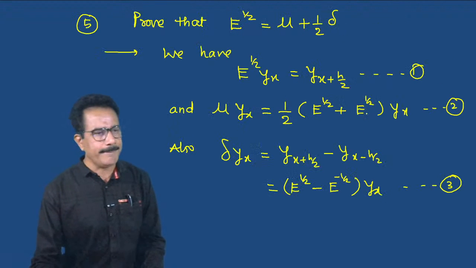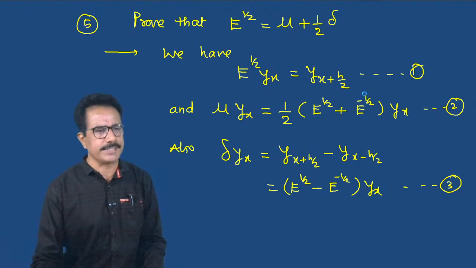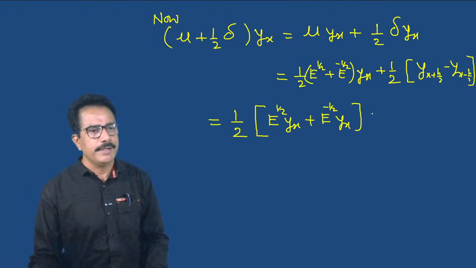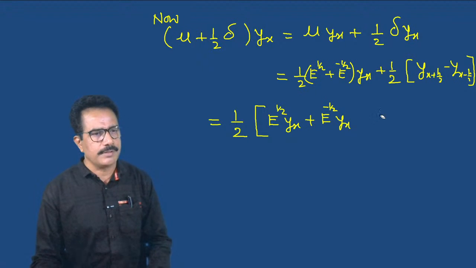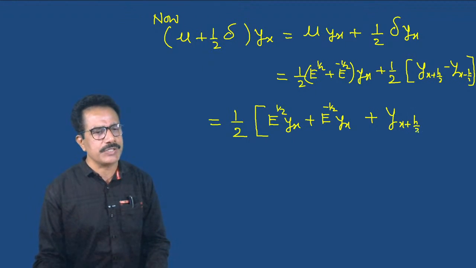इक्वेशन 2 मध्ये मायनस राहिलंय का? हा ओके. Is it okay, right? So we can write plus y of x plus h by 2 minus y of x minus h by 2.